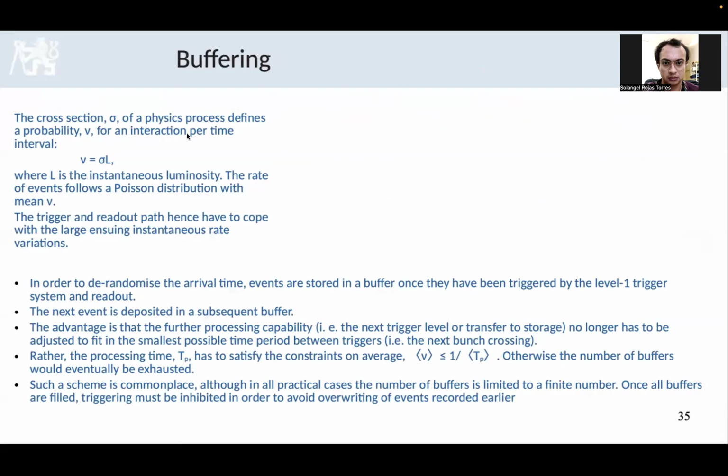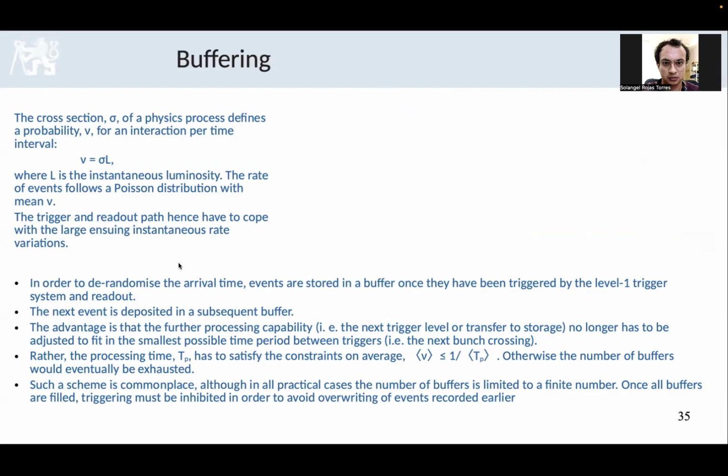Well, we know that the cross section of one physics process depends on the interactions per time. The probability depends on the interactions per time interval, and this is the instantaneous luminosity and the cross section of the phenomena that we are looking for. And this follows some Poissonian distribution in terms of the frequency.